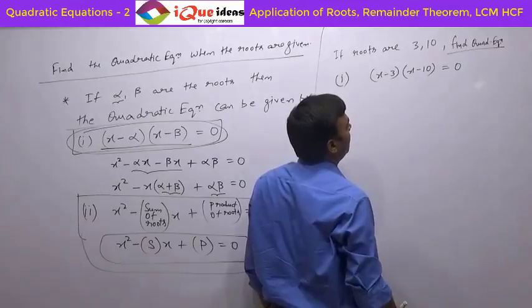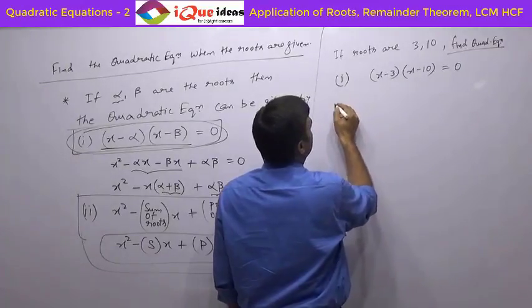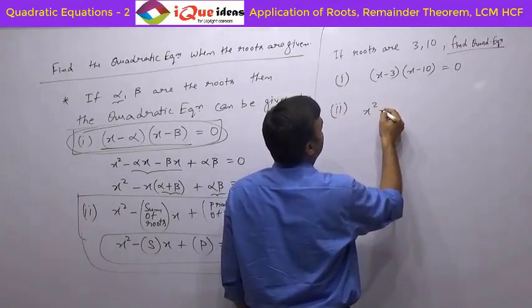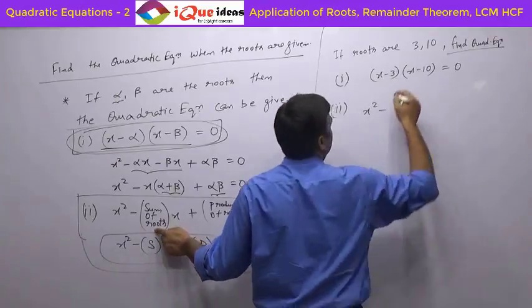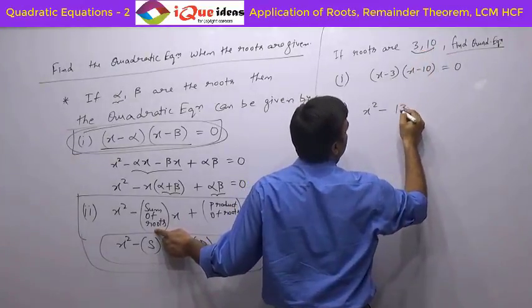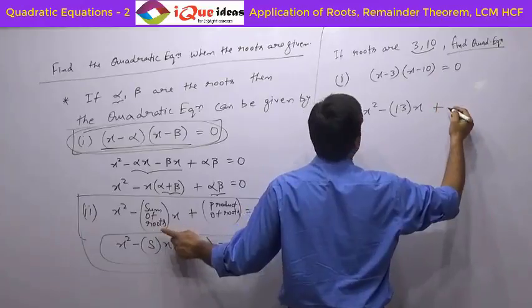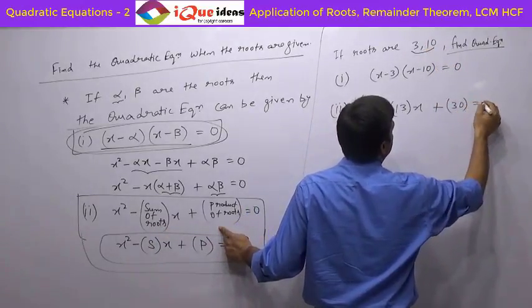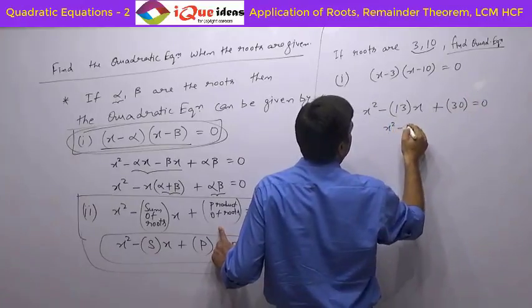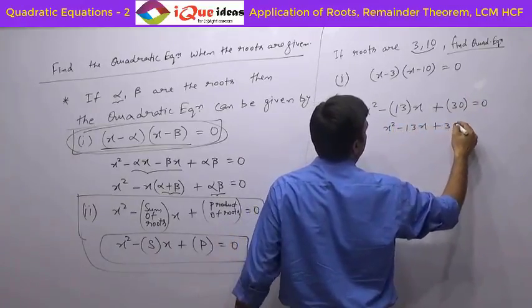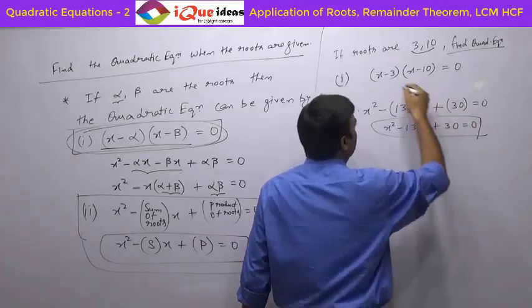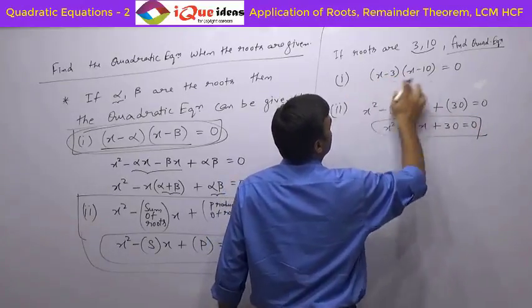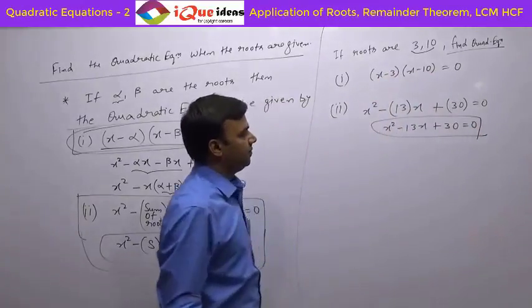This is the first method. The second method is x square minus sum of roots. Now what is the sum of roots? 3 plus 10, that is 13, into x, plus the product of roots, that is 3 into 10, that is 30, equal to 0. So it is x square minus 13x plus 30 equal to 0. You will get the same answer if you open the first one. So it is either this one or this one.